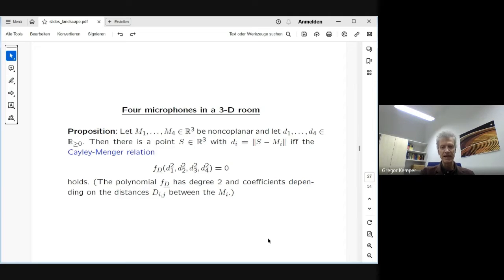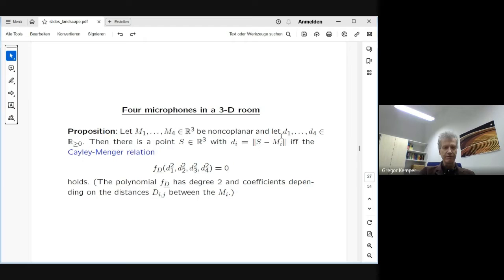So now let's go back to the three-dimensional situation that we are really interested in. So again, we have 4 microphones, M1 through M4. We should assume them to be non-coplanar. They don't lie on a common plane, otherwise they don't have distinguishing power enough. And then we are given the D1 up to D4.